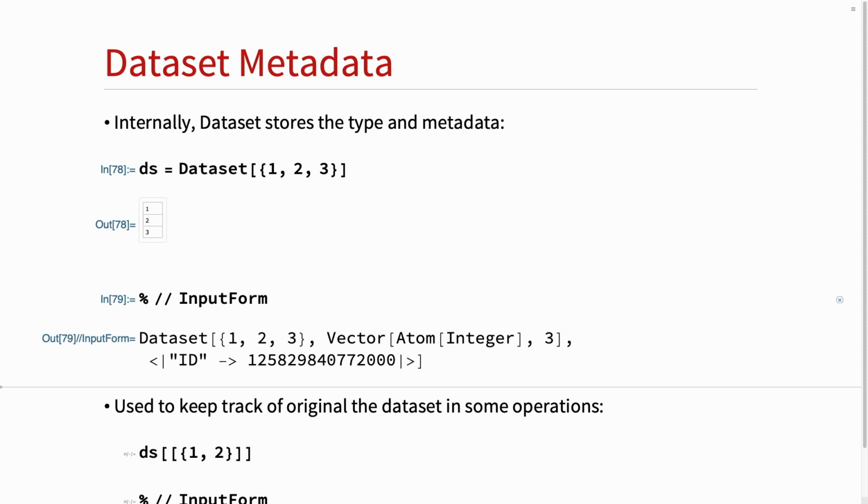This idea has always been problematic because you cannot equate the same data with itself, because it will have different IDs. So we are planning to remove this object, which is used only to keep track of the history of the Dataset. Something I wanted to know is whether anybody is using this ID for any reason. If so, please let me know, because I want to know why, because this is going to go away very soon.